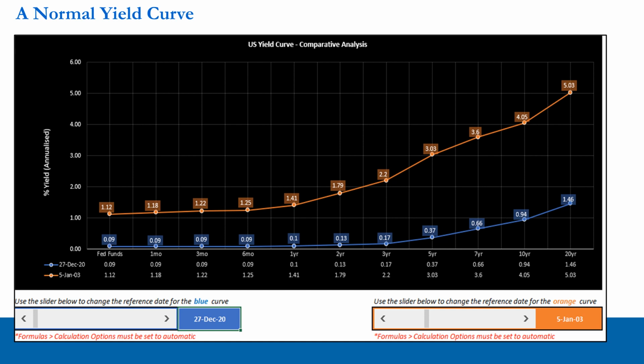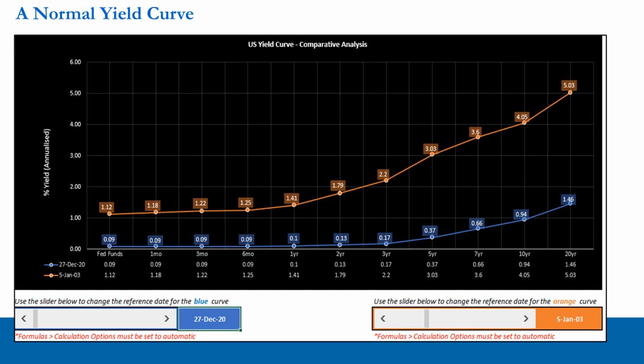And even at similar moments in time, you can move the slider using the arrows and compare two curves when they, for example, go from normal to flat to inverting, and then back again. So inverting, flat, to normal. And that's typically around when economic expansions become contractions and contractions turn into expansions. It's a very useful thing to do.